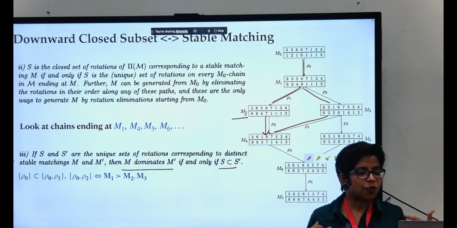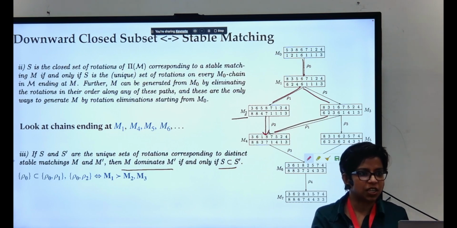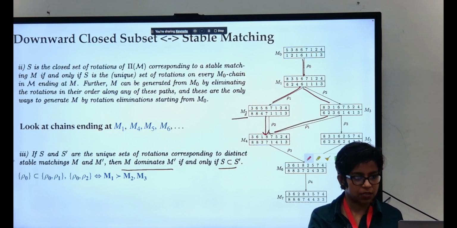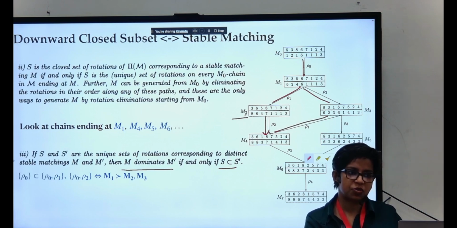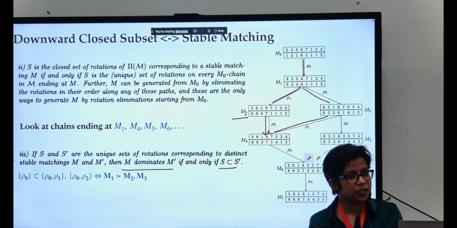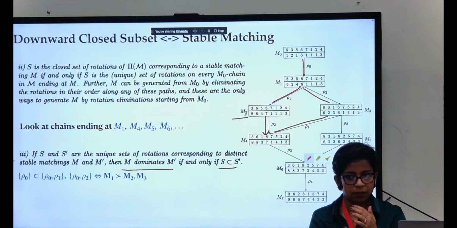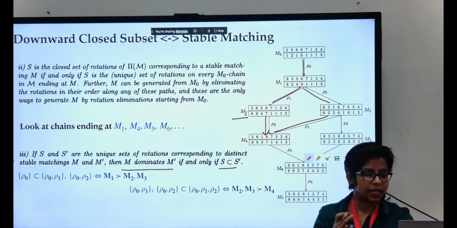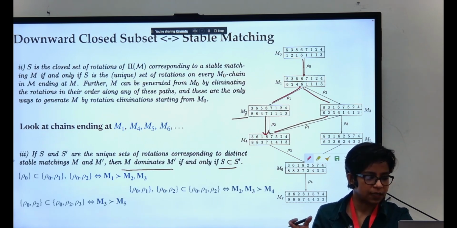So that promises, at least as a potential, that some of these stable matching questions, if we just looked at the distributive lattice, would take more time than if we interpreted them in terms of the rotation poset. That gives a completely different characterization of these things.